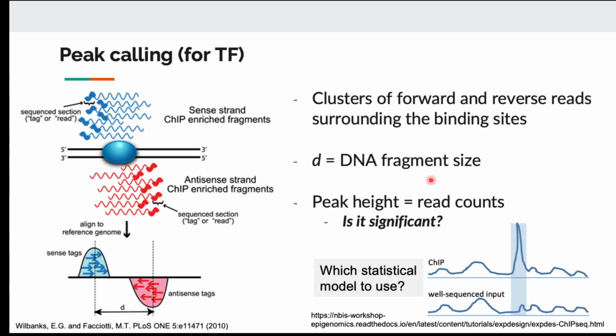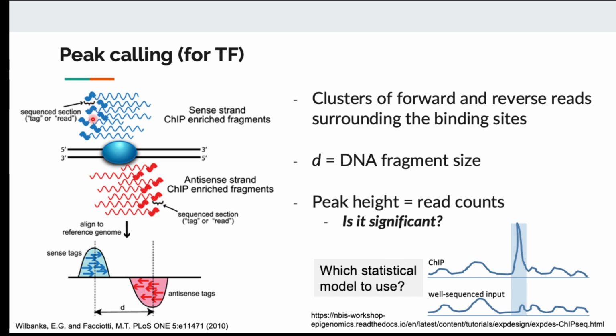The idea of peak calling, let's start with the example of a transcription factor because it's easier. Let's say we have a transcription factor binding site located at this position. When we digest the DNA and enrich for the transcription factor with the antibody, we are going to get DNA fragments located around this region, because these are the molecules where the transcription factor binds.